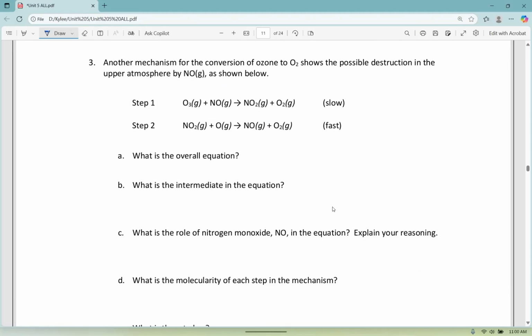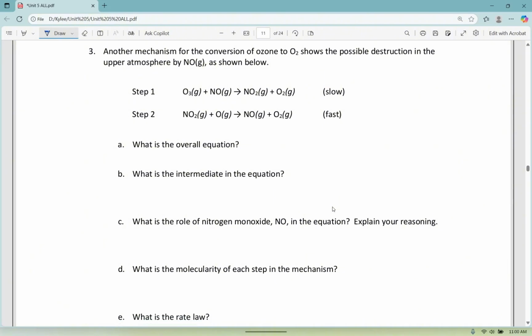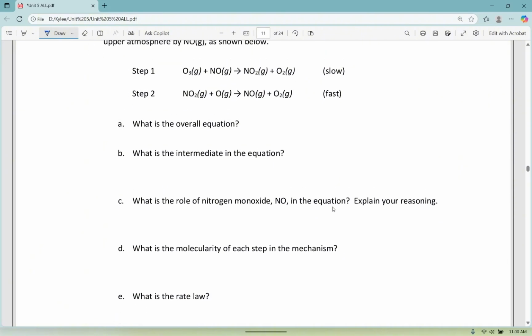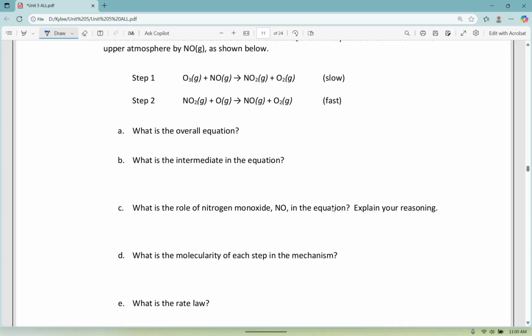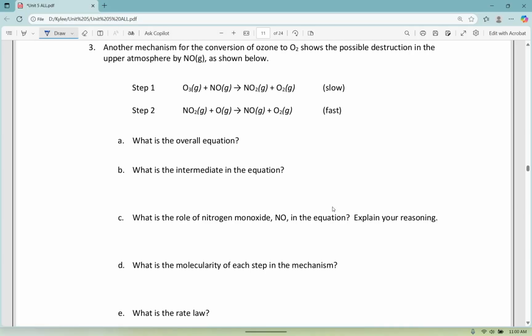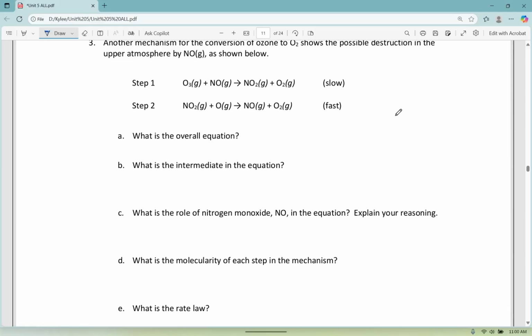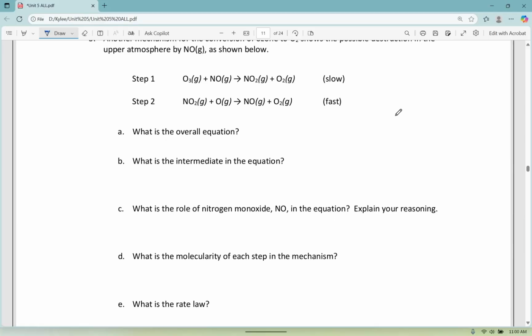Okay, back to ozone. We have another mechanism for ozone, and we're going to answer some questions about it. Another mechanism for the conversion of ozone to O2 shows the possible destruction of the upper atmosphere by NO, as shown below.